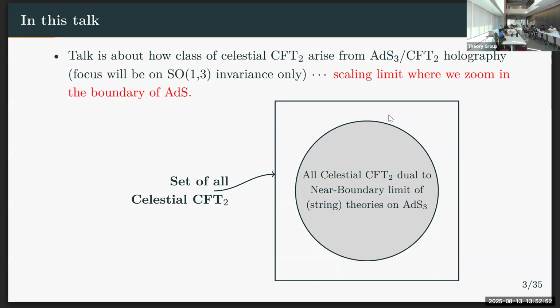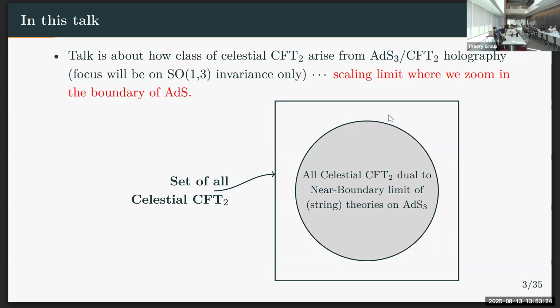Right. So one approach to develop flat space holography is maybe to take a limit of AdS-CFT and see what it gives. There have been various programs where people have tried to take the limit of AdS-CFT and see if it gives you any valid things for flat space holography. So what my talk is going to be about is how a subset of this class of Celestial CFT can arise from the AdS3 CFT correspondence.